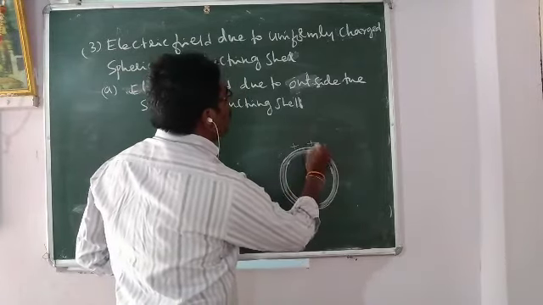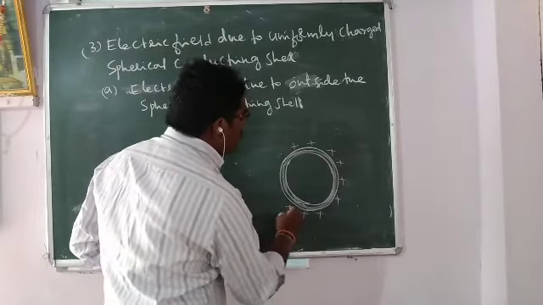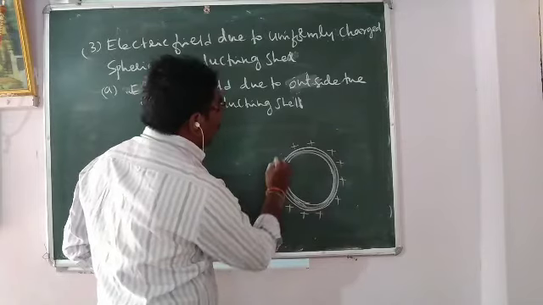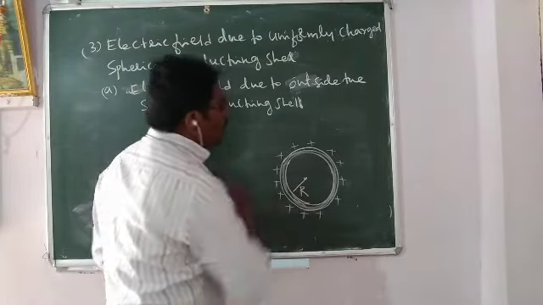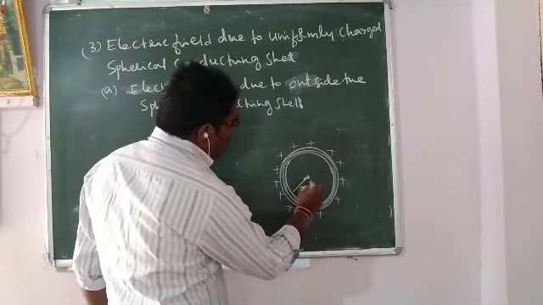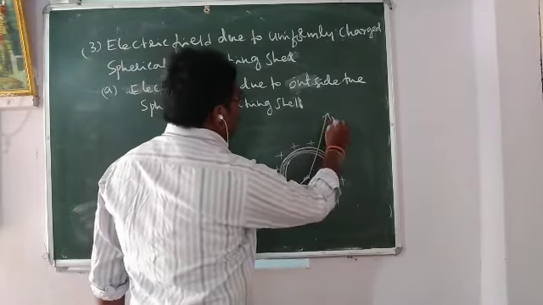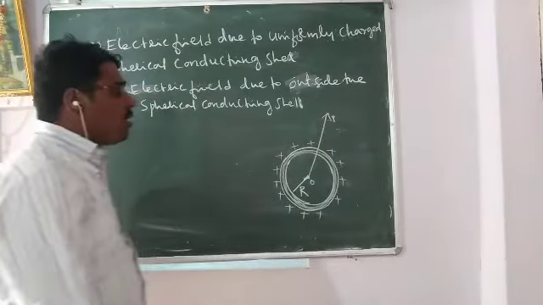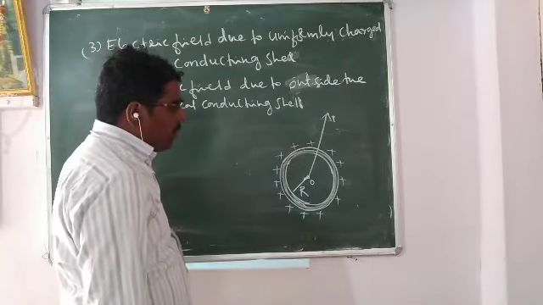The charges are uniformly distributed like this. It is a positively charged spherical conducting shell of radius capital R. We can calculate the electric field due to this shell at point P, which lies outside the sphere.